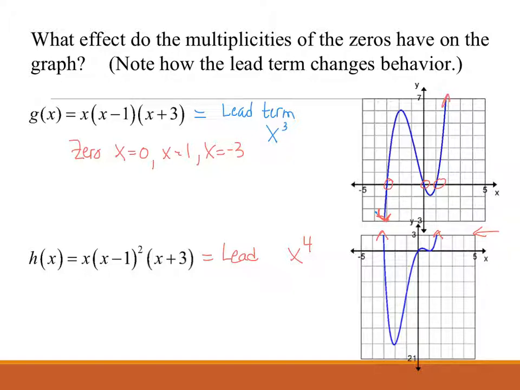And now we can find the zeros. x is equal to 0. x is equal to 1 with multiplicity 2, that's even. And then we have x is equal to negative 3. So it crosses the x-axis at negative 3 and at 0, but then it touches at 1. And you can see that right there.